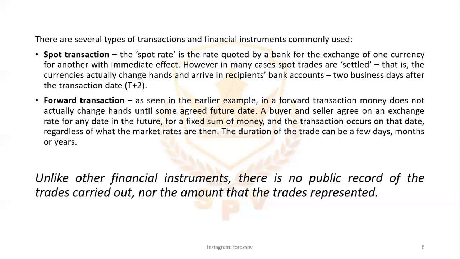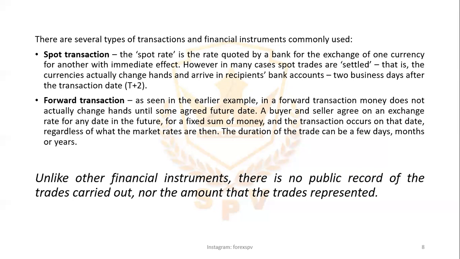We also have forward transactions. For a forward transaction, a buyer and a seller agree on an exchange rate for any date in the future, like future markets, for a fixed sum of money, and the transaction occurs on that date. We call that date an exercise date, regardless of what the market rates are then.